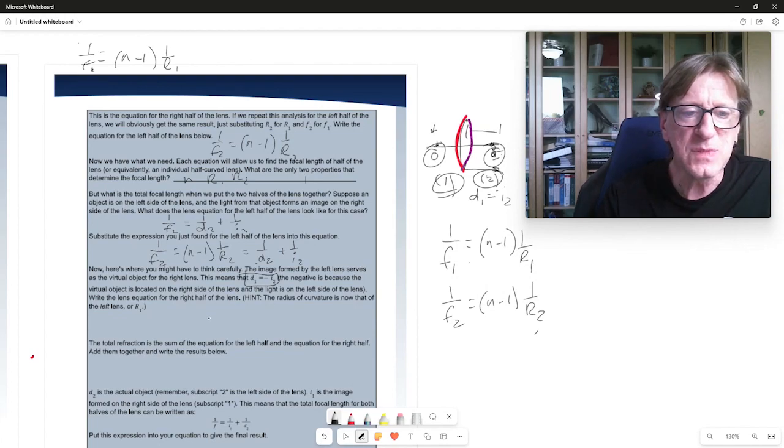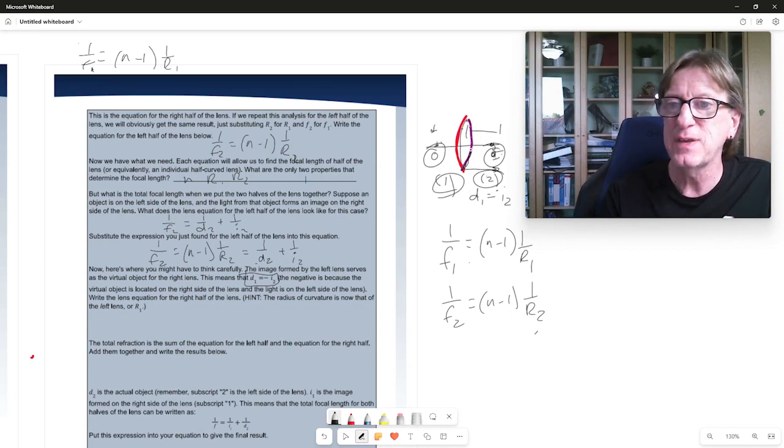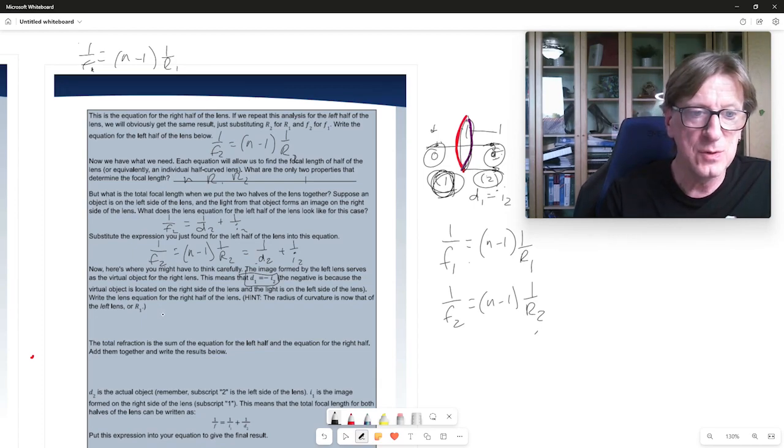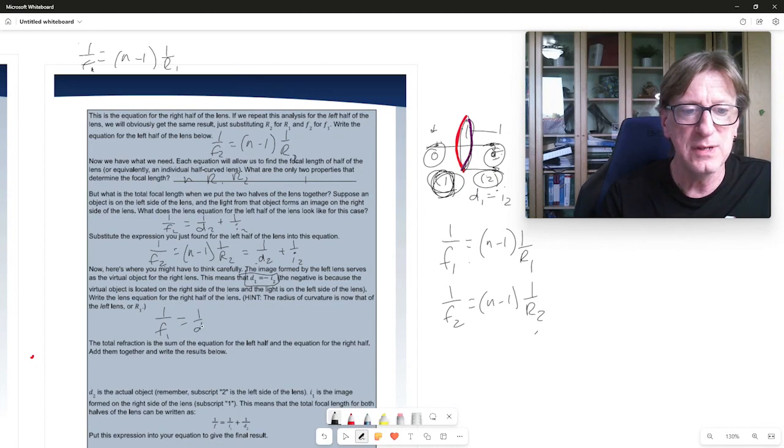Okay, so we want to write the lens equation for the right half of the lens. We've already done it for the left half. The right half of the lens is this half here, and that half is determined by our one side, so we're going to use subscripts 1 for that. That tells me that 1 over F1 must equal 1 over D1 plus 1 over I1.